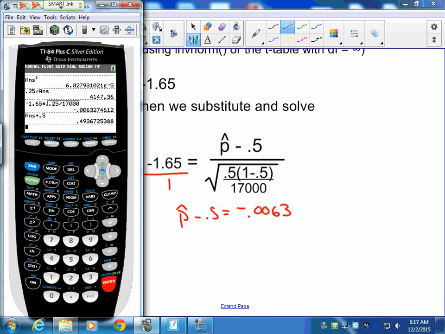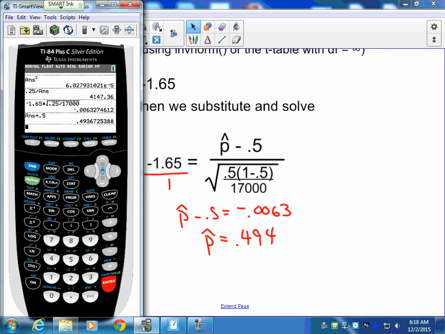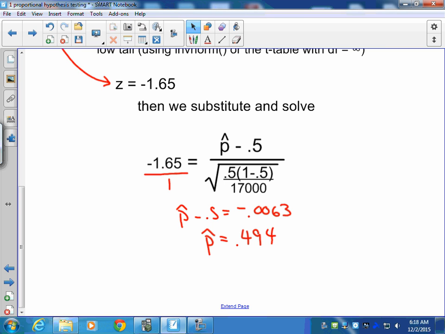Okay, and then we find out the sample statistic value that would lead to that perfect rejection line is at 0.494. So as soon as we get to 49.4% of the population believes something compared to that 50% central value, okay, that's when we would lead to our rejection claim.